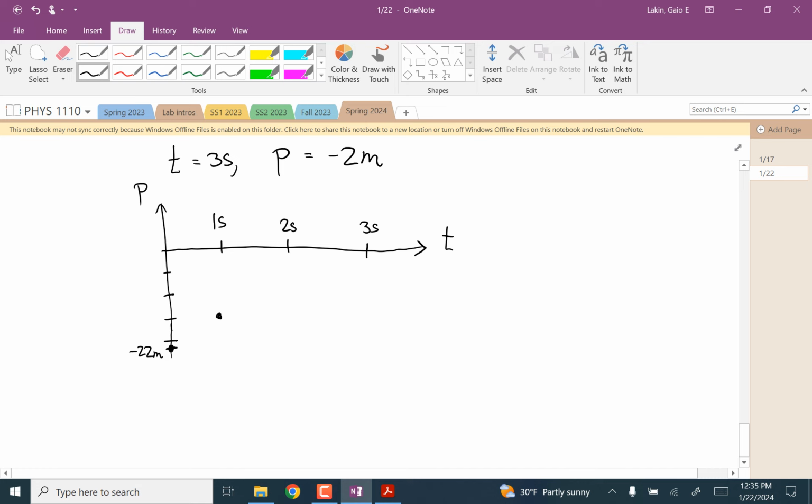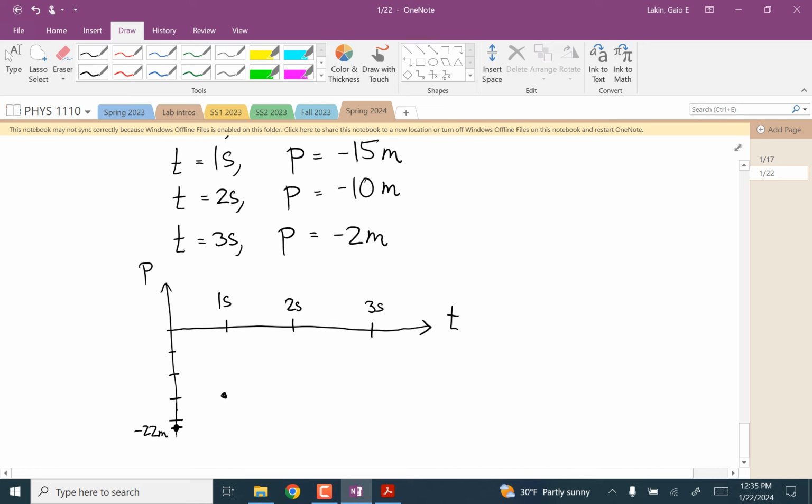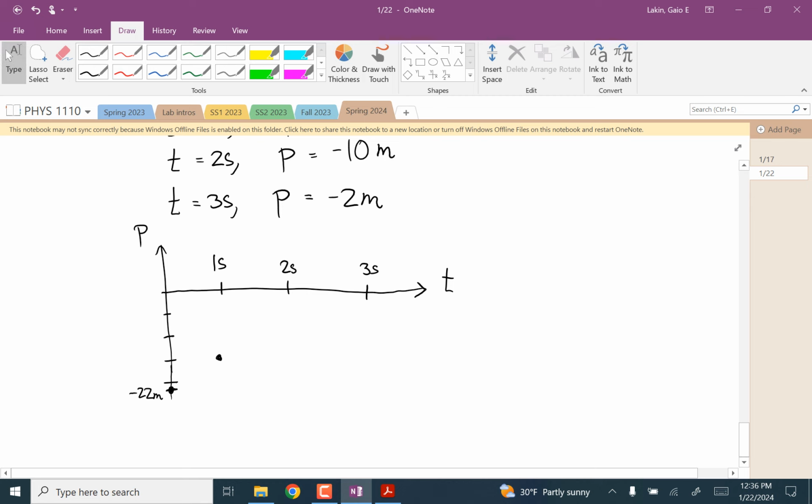At 2 seconds, the position is negative 10 meters. And at 3 seconds, the position is negative 2 meters or something. We don't know what happens in between, so I'll just draw those as straight lines, but look something like that.